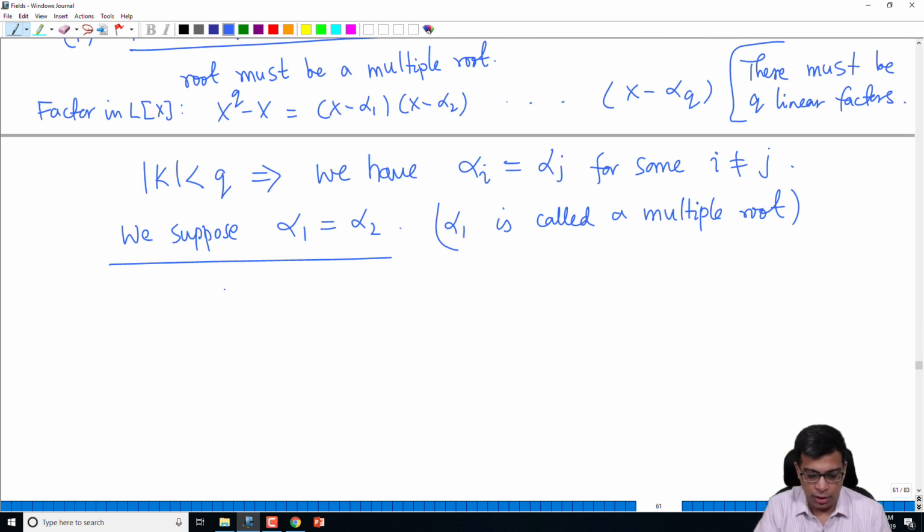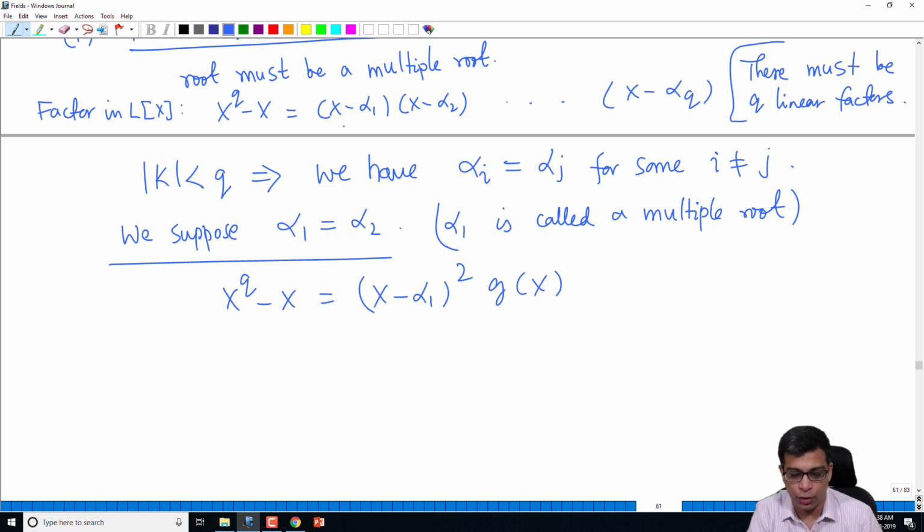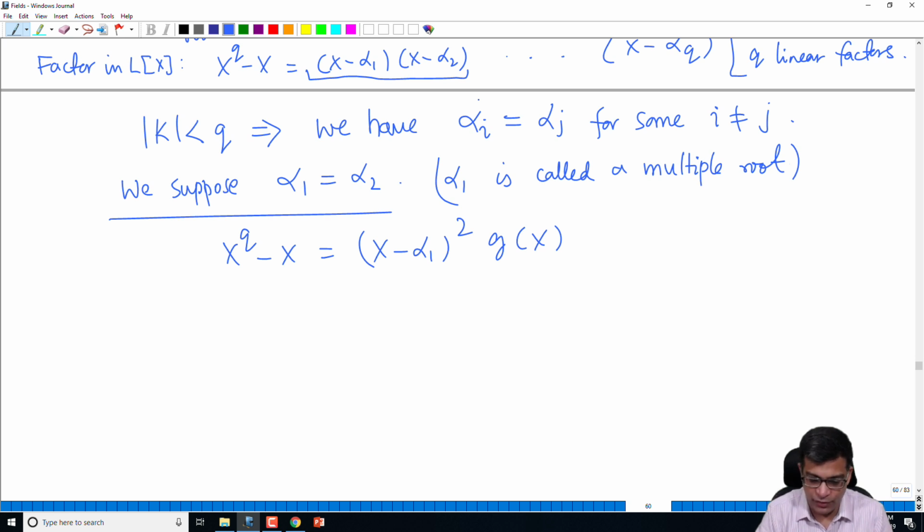But then I am going to rewrite x^Q minus x as (x minus alpha 1) whole squared times g(x). The remaining thing I don't care about, because alpha 1 is equal to alpha 2, so the first two factors I'll combine and write like this. Now if you differentiate both sides, what do we get?